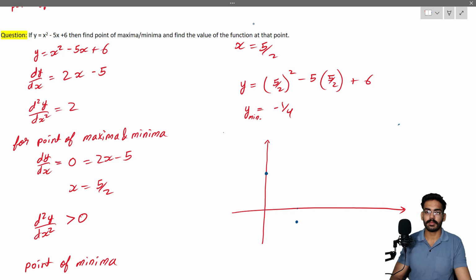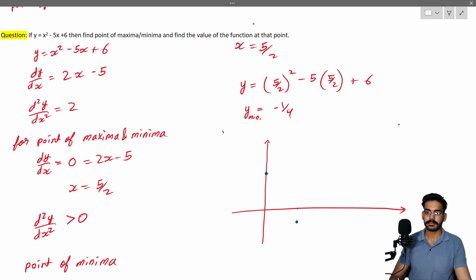And if I put minus infinity, then already it's going to be square, so it's going to be plus infinity only, right? So when x is minus infinity, the function is plus infinity only. So it is starting from plus infinity, passing through this point, then achieving the minimum at this point, and then again going to plus infinity.